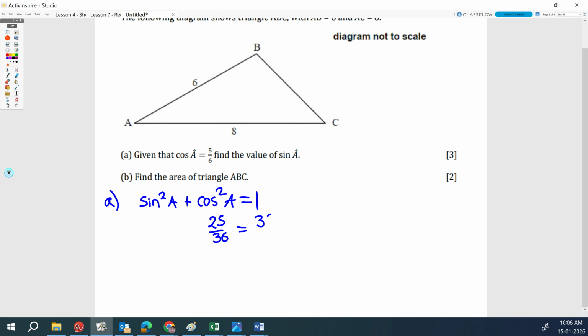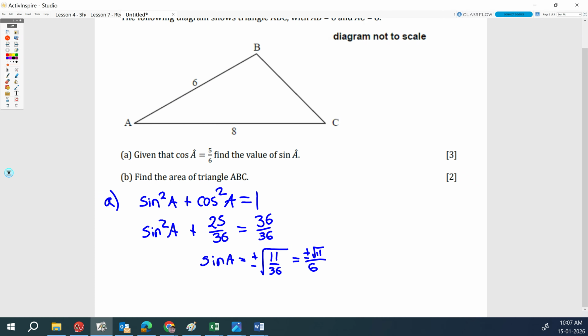Turn this into something over 36. And then we've got sine squared A. Moving these around, we get sine A is equal to plus or minus the square root of 11/36, which is equal to plus and minus the square root of 11 over 6.